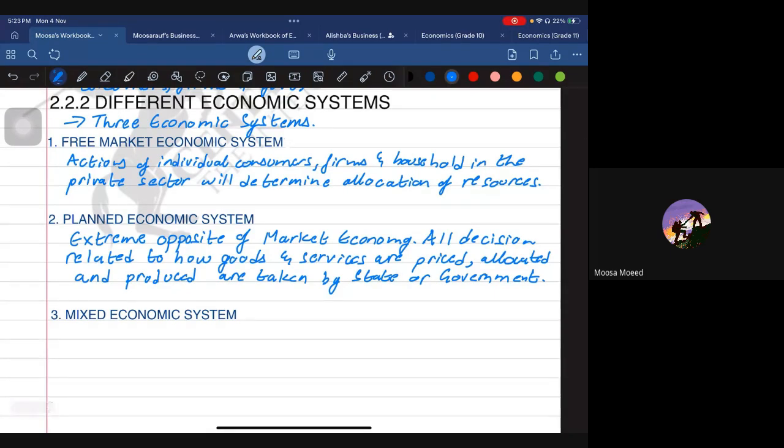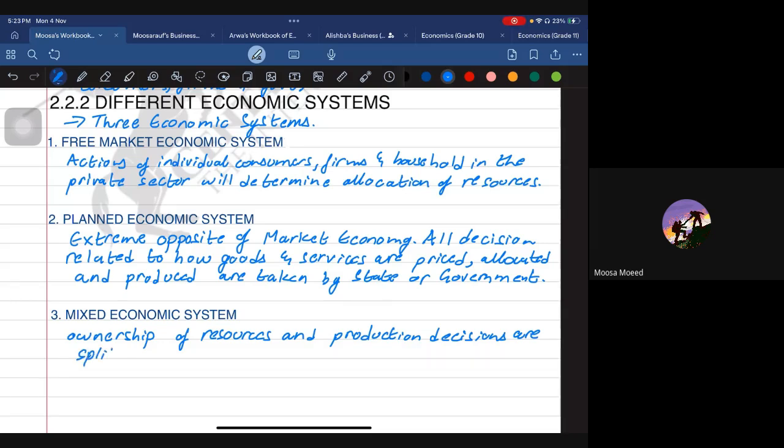So when we are talking about a mixed economic system, we are talking about that the ownership of resources and production decisions are split between private sector and public sector. Okay, done.